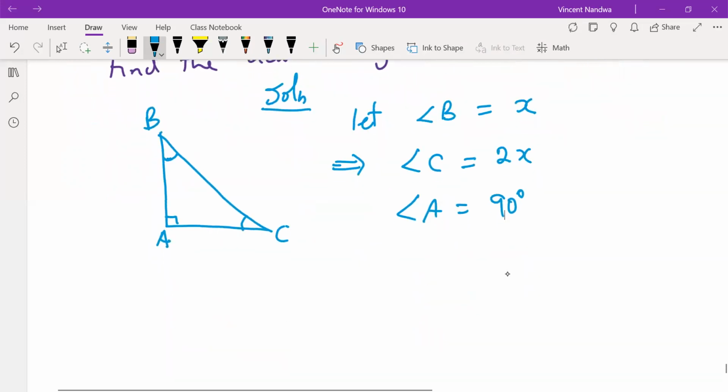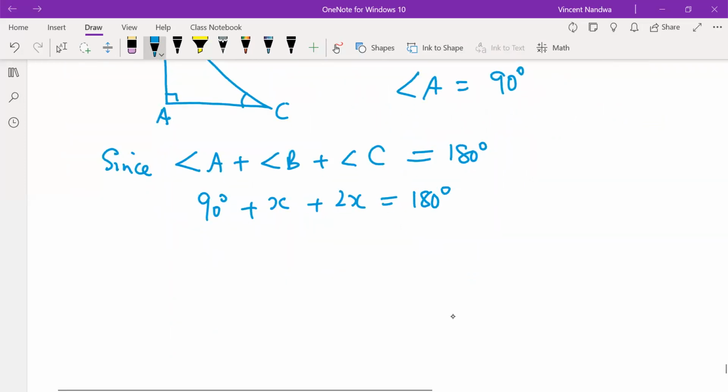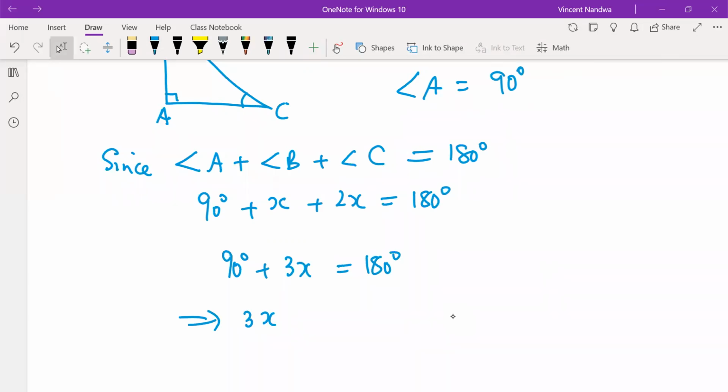Now, since angle A plus angle B plus angle C should sum up to 180 degrees, we have 90 degrees plus x plus 2x equals 180 degrees. So 90 degrees plus 3x equals 180 degrees, so 3x equals 180 degrees minus 90 degrees, which is 90 degrees.